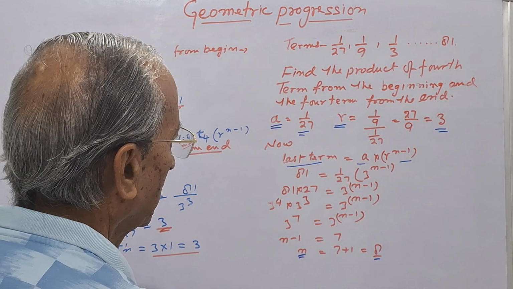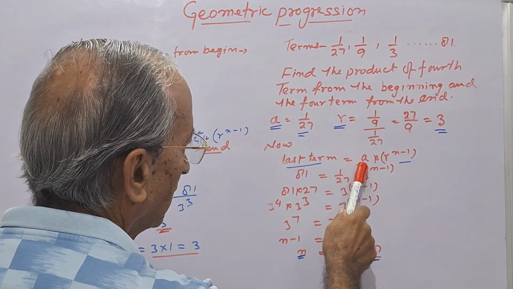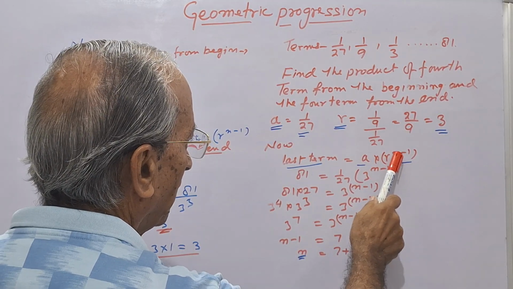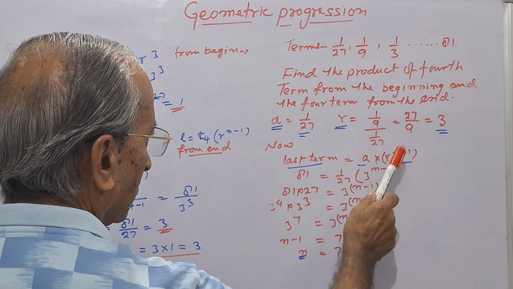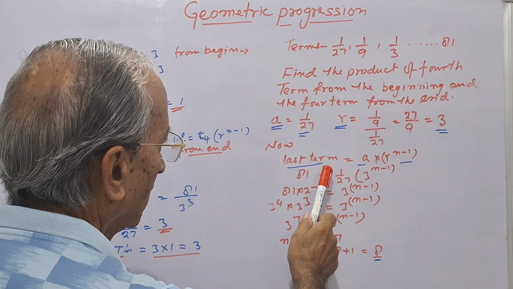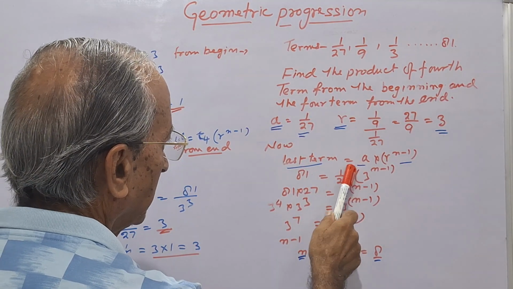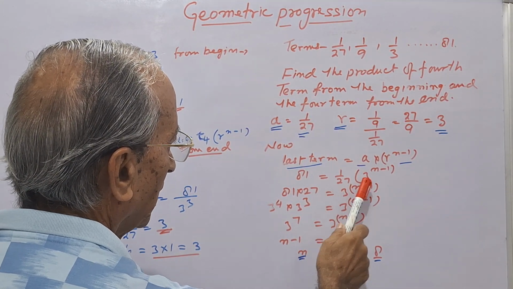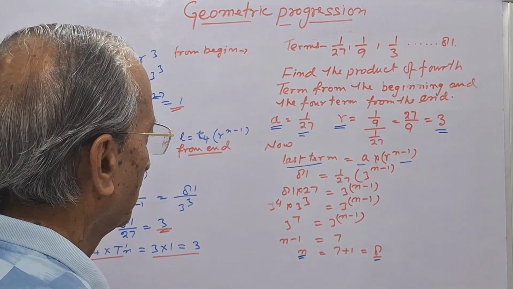So first, from this equation, last term is equal to A into R power n minus 1, we will find out the number of terms. The last term is 81, that is the nth value. A is 1 upon 27, R is 3, and the power is n minus 1.